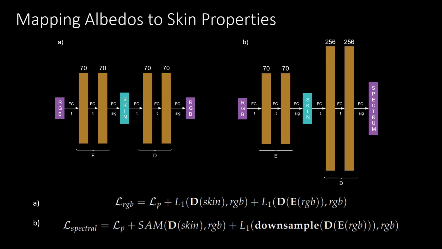Our biophysical model defines the forward mapping from the skin parameters to the skin albedo. For the inverse process, we need to characterize the mapping from the skin albedo back to the skin parameters. The non-bijective nature of such mapping, where many combinations of skin properties can lead to the same albedo, makes this task challenging.